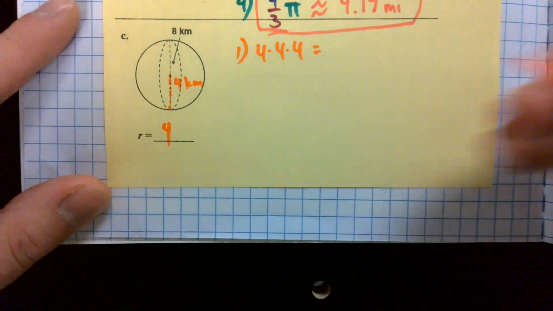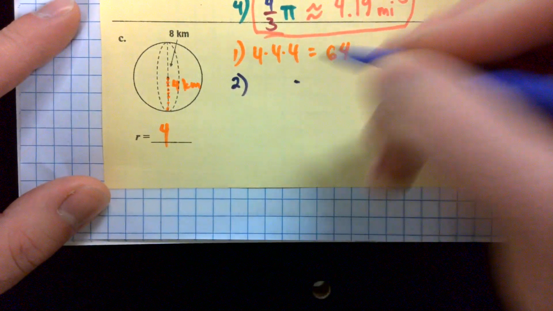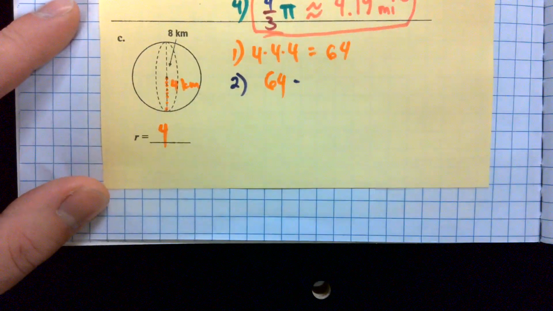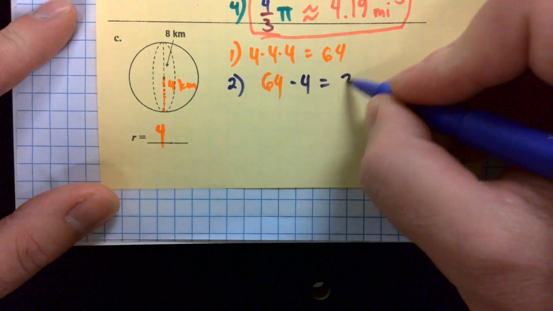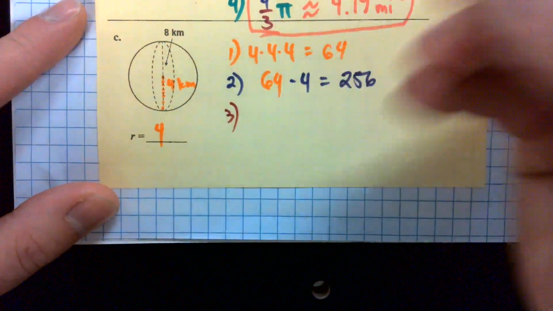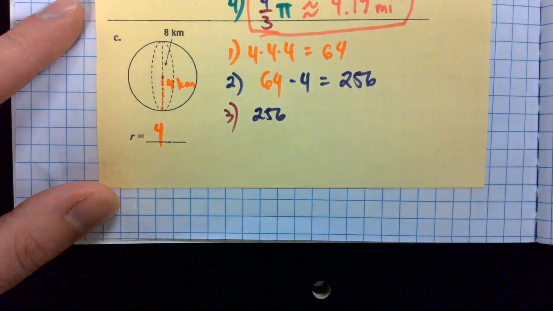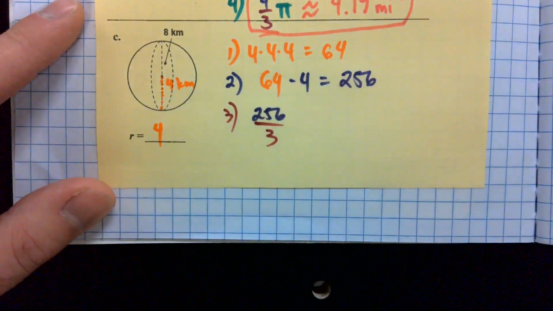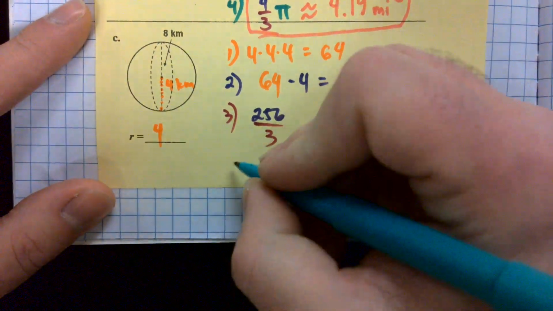What's that? 64. I'll take my 64 and multiply it by what? 4. That gives me 256. I'll take my 256 and do what? Divide by 3. Does that go in evenly? No. So we'll leave it like that.